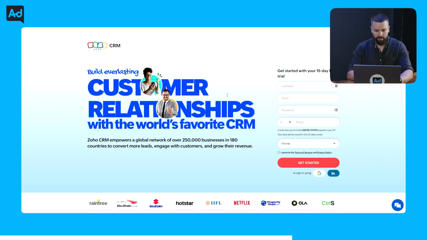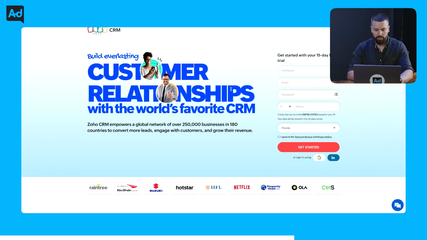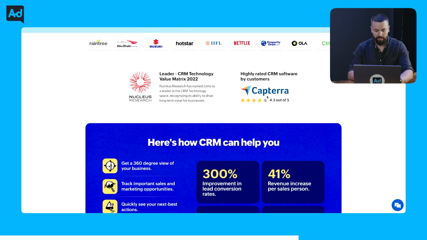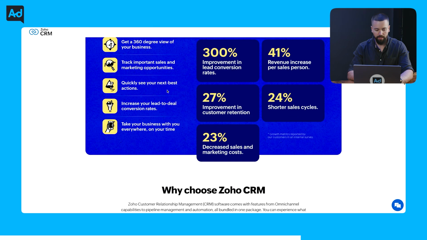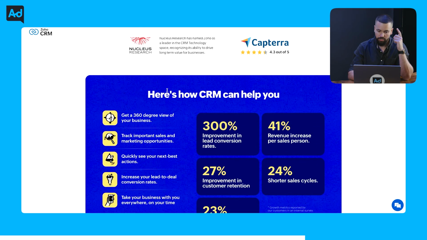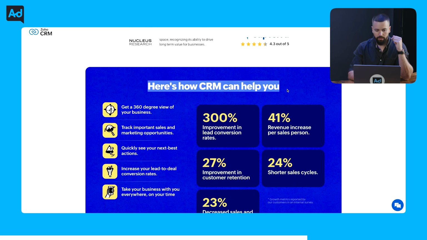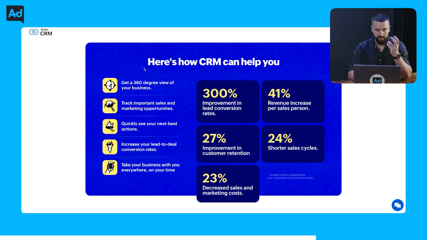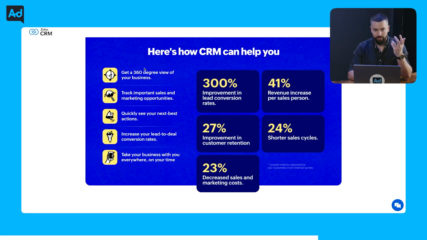So in this case, when you scroll through this page, they do a good job of communicating benefits throughout the page and having a call to action of get a trial. But one thing I love about this page is they are answering the objections. They added a section here around how CRM can help you, which is really helpful because maybe somebody isn't 100% aware yet of all of the scope of how CRM can fit in your business.